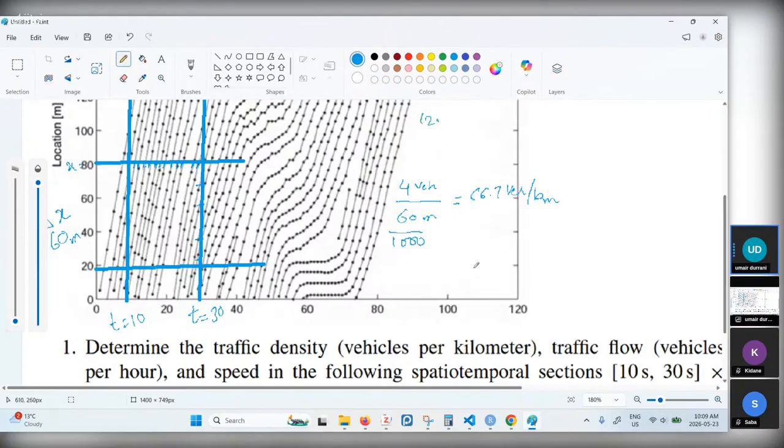That would be 12 vehicles divided by this time interval, which is 30 minus 10, 20.